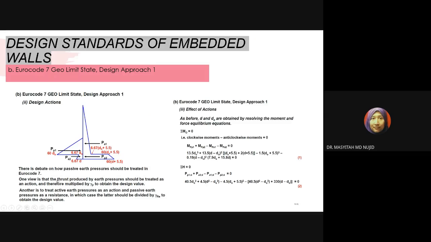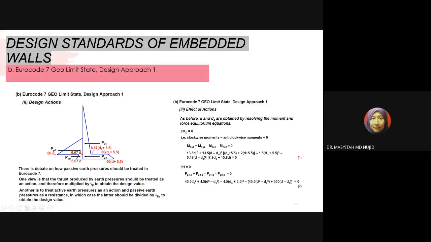One view is that the thrust produced by earth pressure should be treated as an action and therefore multiplied by gamma F to obtain the design value. Another is to treat active earth pressure as an action and passive earth pressure as resistance, in which case the latter should be divided by gamma RE to obtain the design value. These assumptions for design action, design limit, and so on will be specifically explained again in the next chapter 3.